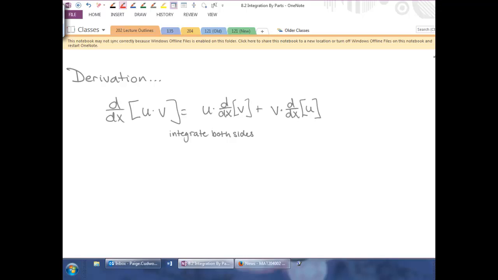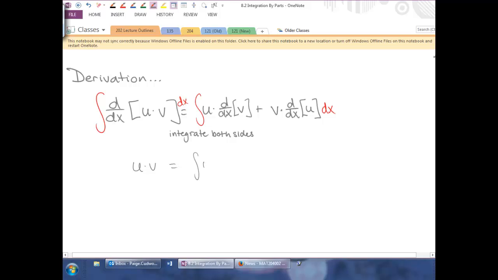So I have the product rule written out here. We've got the derivative of u times v is equal to u times the derivative of v plus v times the derivative of u. And I want to just integrate both sides of this with respect to x. On the left-hand side, since I'm integrating the derivative, this will just cancel and I have u times v. On the right-hand side, I get two integrals.